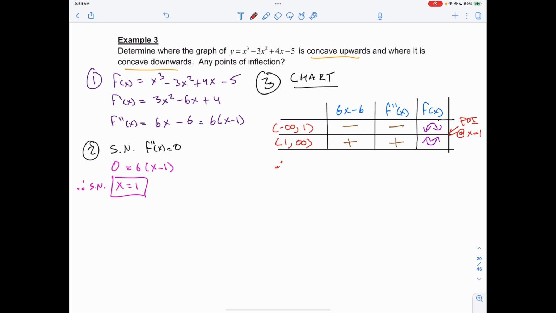So because I went from concave down to concave up at x is equal to 1, there is a point of inflection at x is equal to 1.